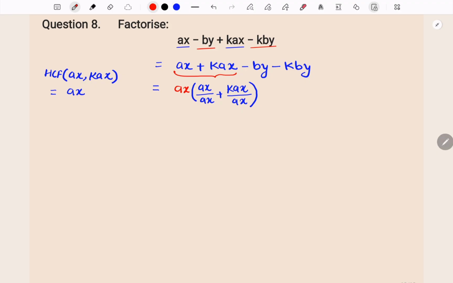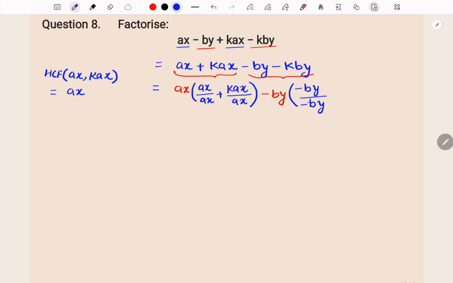Similarly, here we have by minus kby. Here I can factor out negative by. Okay, so if I factor out negative by, I will have to divide every term with negative by.